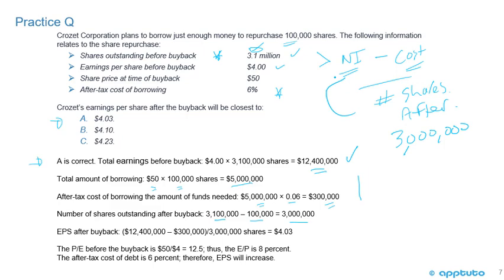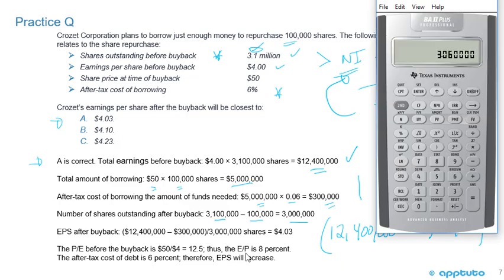The trick here was just getting the numerator. We had 12.4 million in earnings before the buyback, and then we had to deduct the after-tax cost of borrowing, the 300,000. So you can see our numerator is going to be 12,100,000.